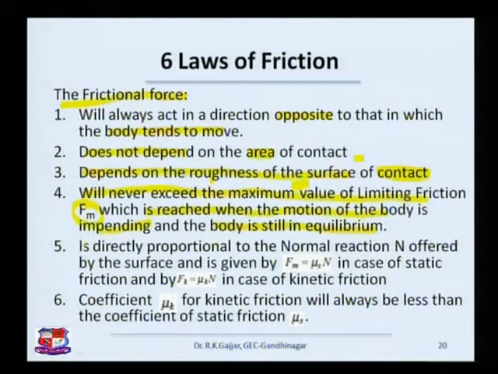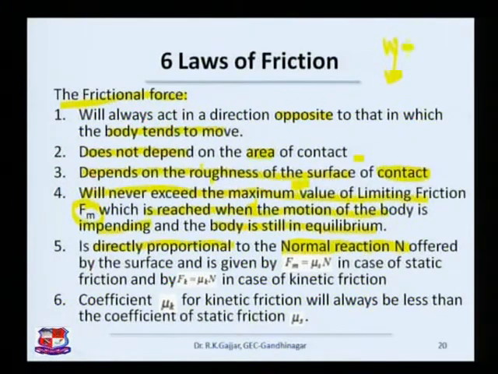Number 5. Friction is directly proportional to what? Friction is directly proportional to our normal force. The normal force, once again remember, does not depend only on the self weight.